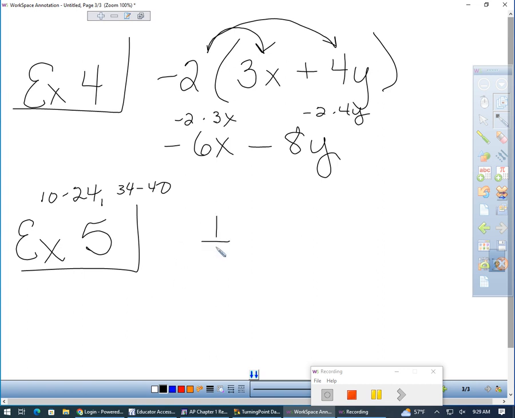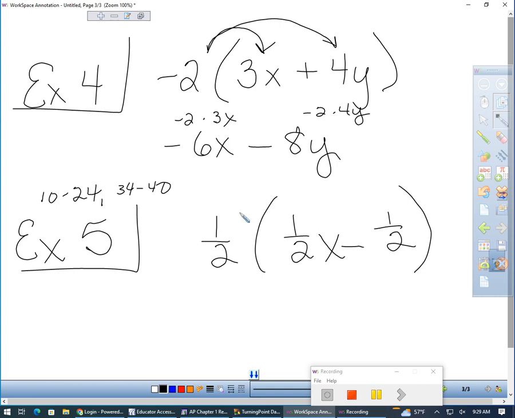Let's say I have 1/2 times (1/2 x minus 1/2). Since it's a fraction, is it any different? Do we still do the distributive property the same? We do, right? Okay.